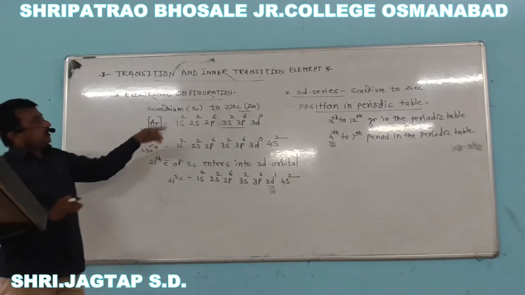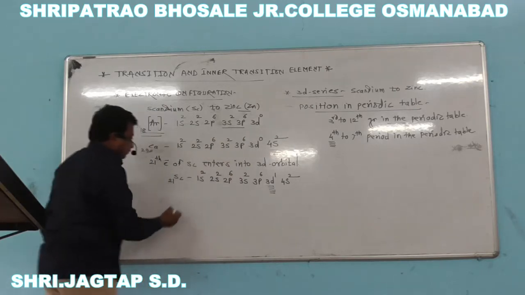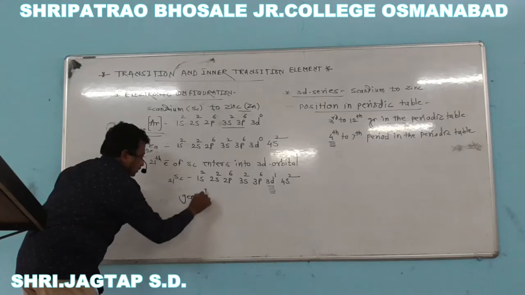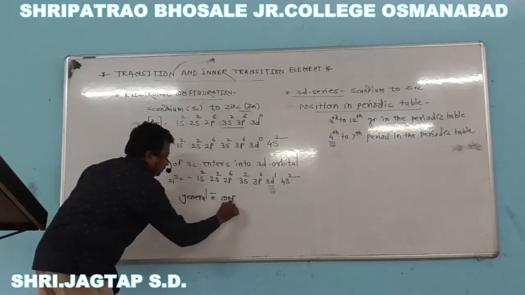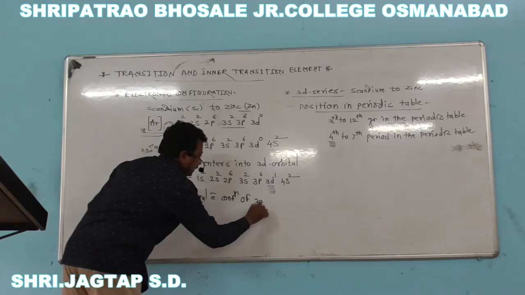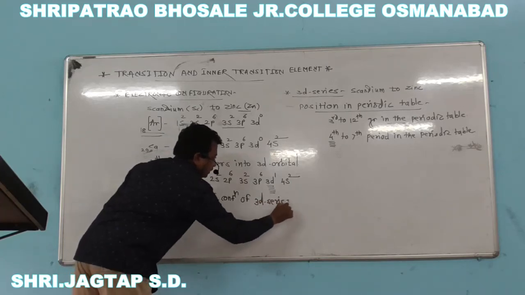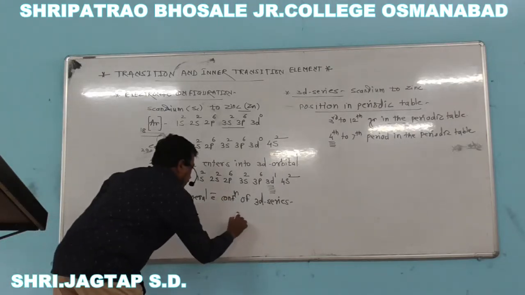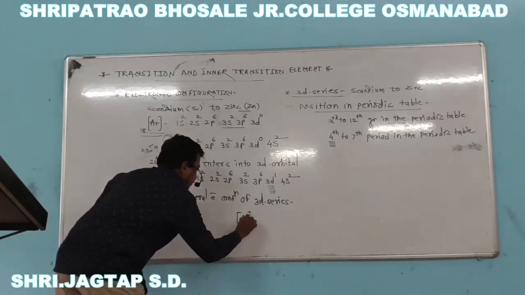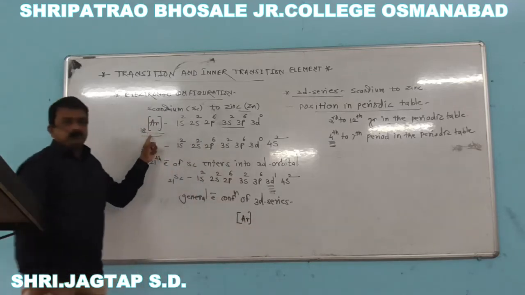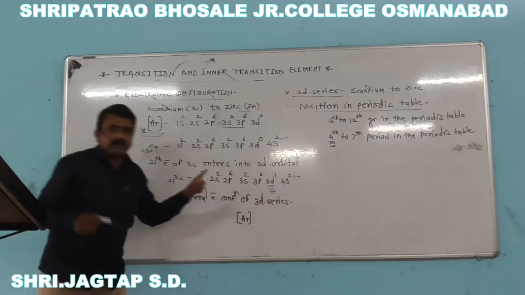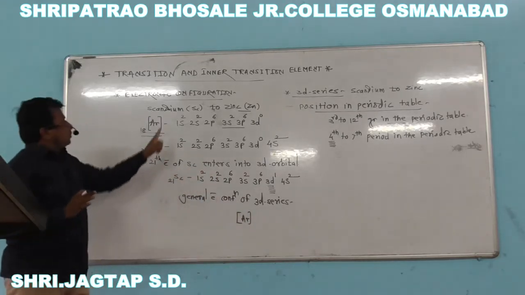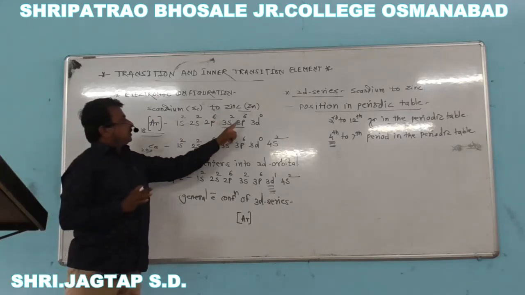Therefore, the general electronic configuration of the 3d series may be argon. The atomic number of argon is 18. It precedes the elements of the 3d series, and its electronic configuration is 1s2, 2s2, 2p6, 3s2, 3p6.